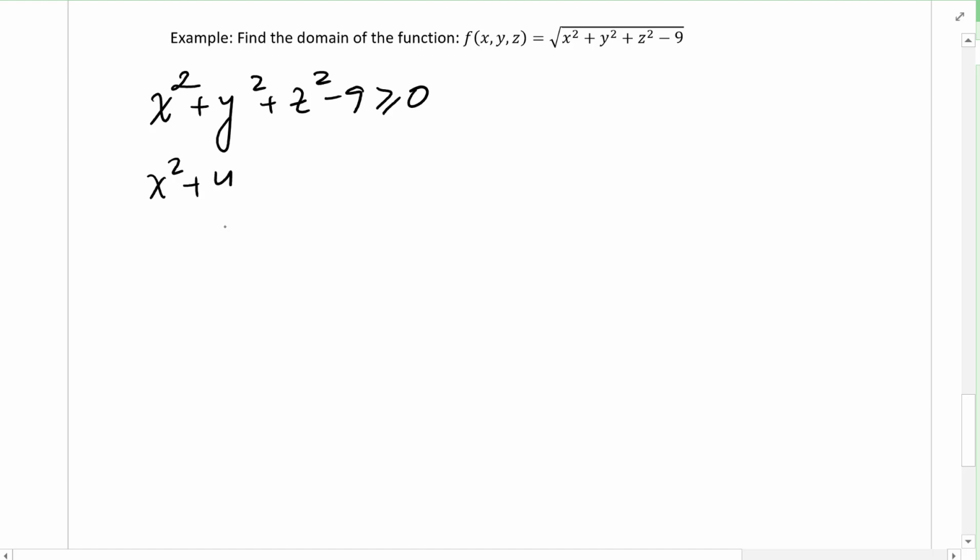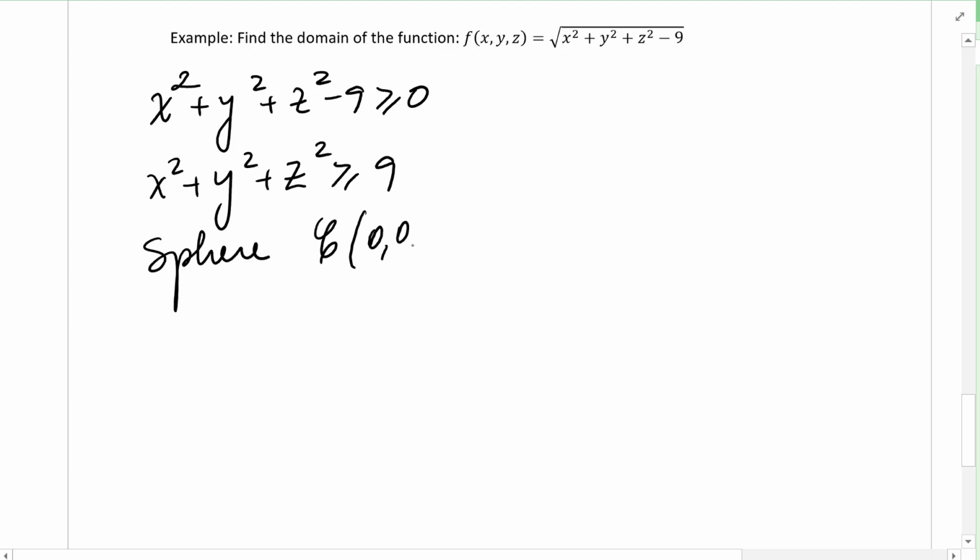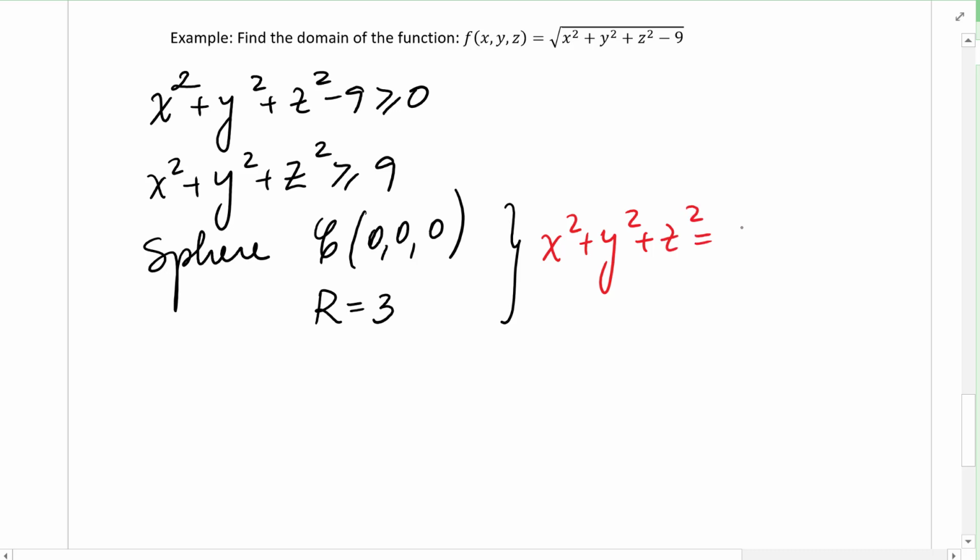So x squared plus y squared plus z squared greater than or equal to 9, which actually means it's a sphere with center 0, 0, 0 and radius 3. Maybe I should specify this: x squared plus y squared plus z squared equals 9 is the description of the sphere centered at the origin with radius 3.